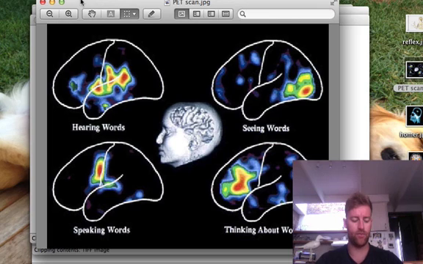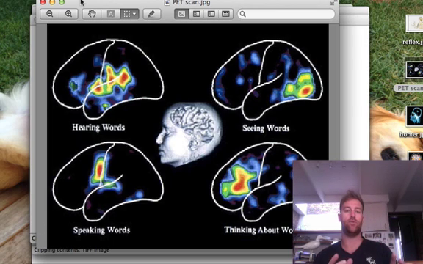This idea came along in the late 70s, and it gave us images of the working brain. It used a dye, a radioactive tracer, so it reacts with things. It's not necessarily 100% safe, just quietly, but we'll talk about that a little bit later.